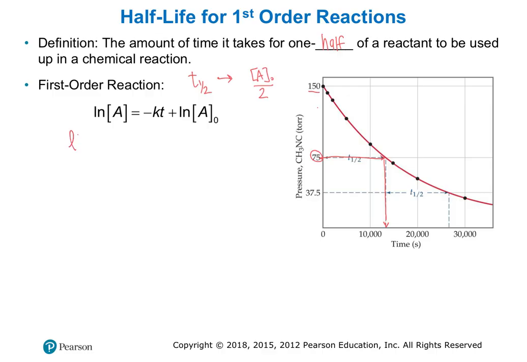We're going to take natural log of the initial concentration over 2 equals negative k times the t1/2 plus natural log of A naught, which is what I started with. So we're going to isolate t1/2. The first thing to do is move the natural log of our initial concentration over to the other side.